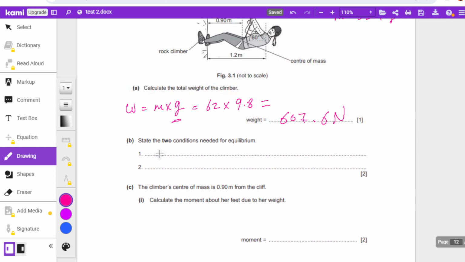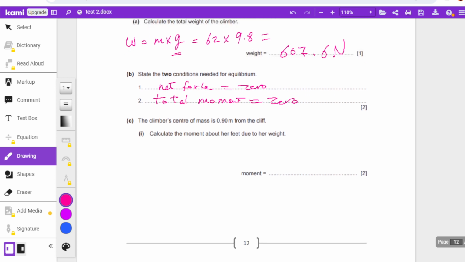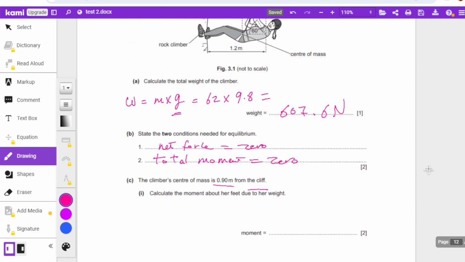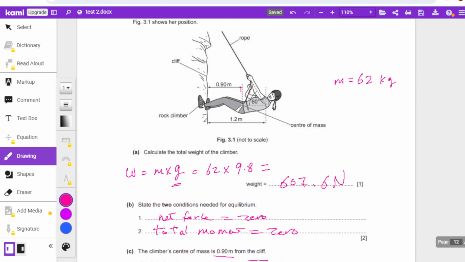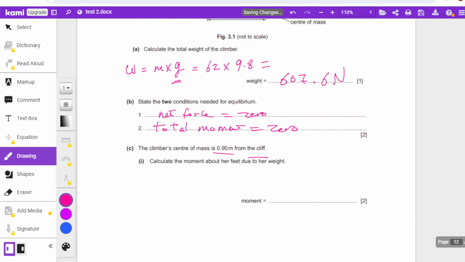For equilibrium, yes, the net force equals 0, and also the total moment equals 0. Okay, the climber's center of mass is 0.9 from the cleft. Yes, this is the distance for the weight, 0.9. Okay, calculate the moment about her feet due to weight.